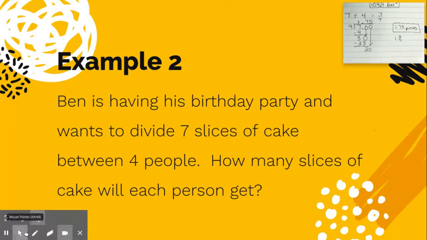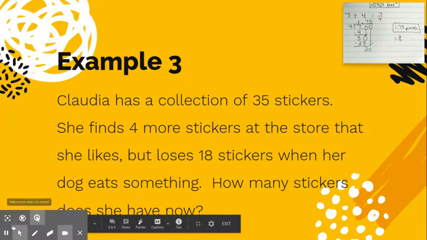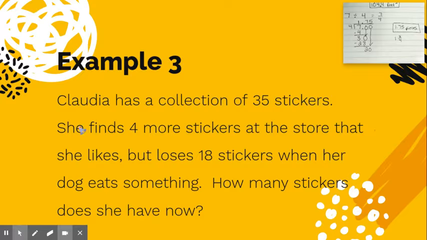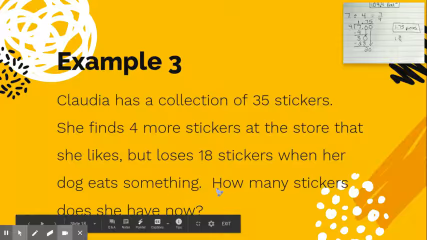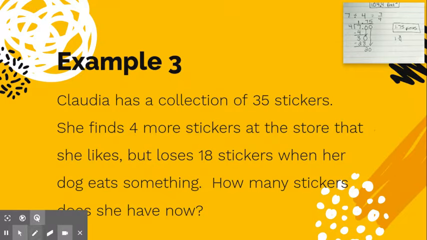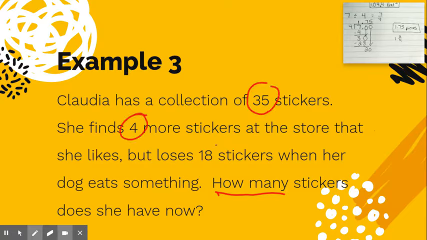Okay, my next one. Claudia has a collection of 35 stickers. She finds 4 more stickers at the store that she likes, but loses 18 stickers when her dog eats something. How many stickers does she have now? Let's look at our numbers first: 35, 4, and 18.